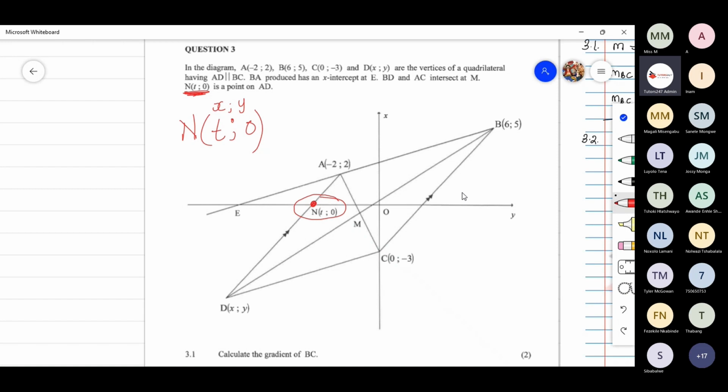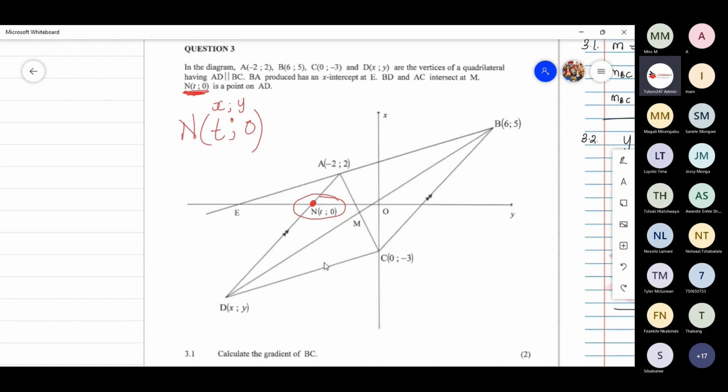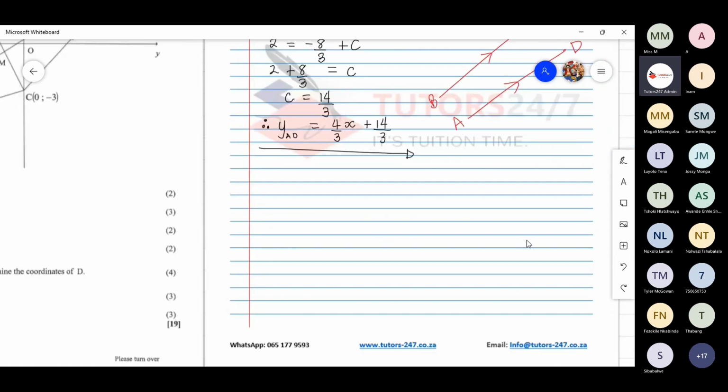If you have the y value, as is the case with n, all you need to do is substitute that y value into the equation AD, and that will give you the corresponding x value. So that is the method and the approach that we will take to find t, which is the x value of n.